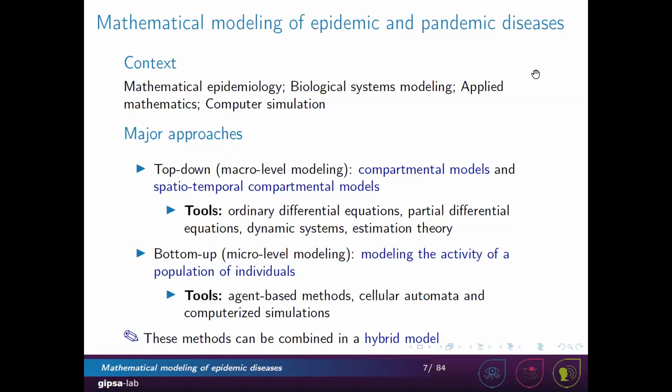Of course, in order to have a complete method which can be well fitted over real data, it is ideal to be able to combine these two into a hybrid model in order to use them beside one another.